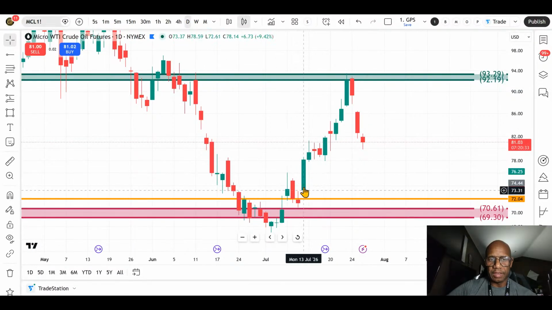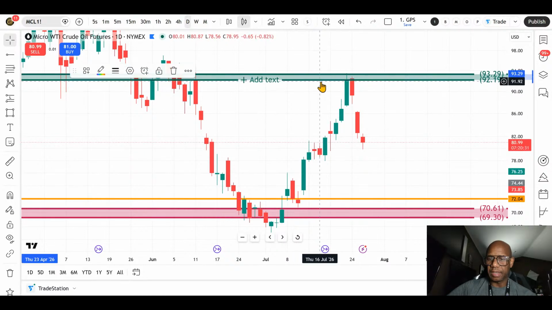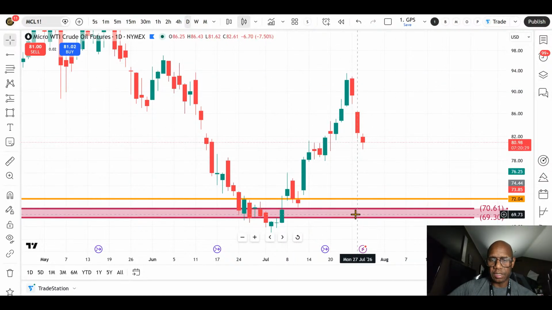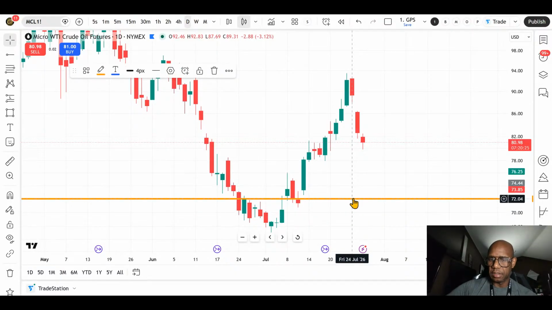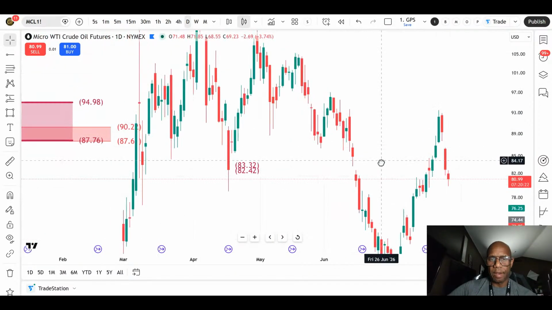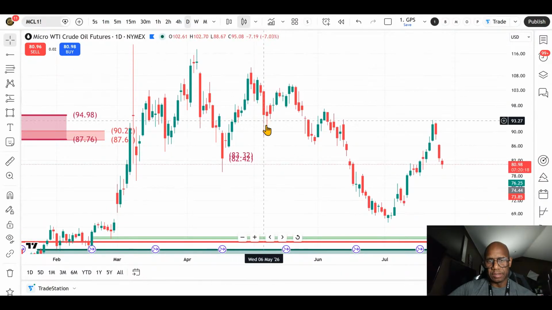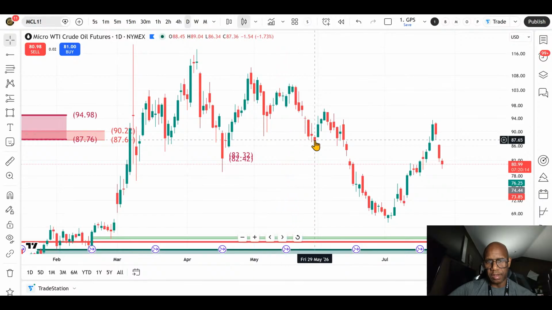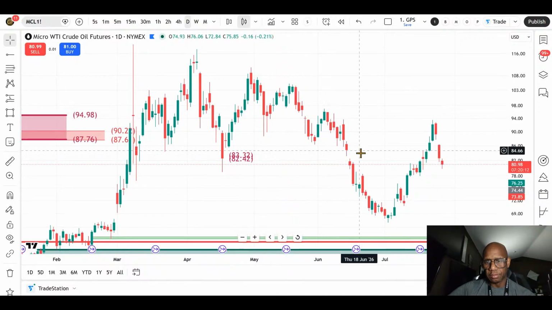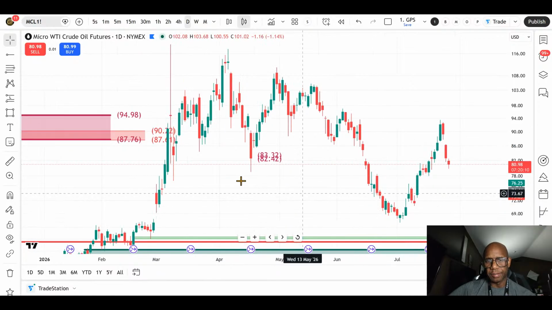We did have a nice little uptrend here. So let's clean this chart up for a sec. All right, same process. We can easily see the downtrend: high, low, lower high, break to a lower low, and it continues to break down lower, right?